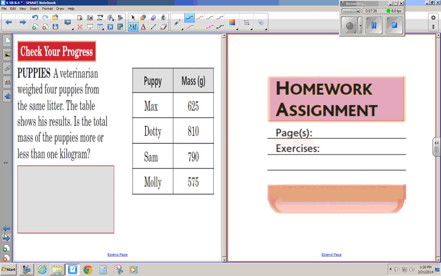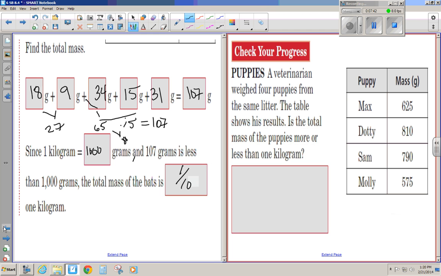All right, taking a look here. A veterinarian weighed 4 puppies from the same litter. The table shows the results. Is the total mass of the puppies more or less than 1 kilogram? Add all these up together, and then we'll see.